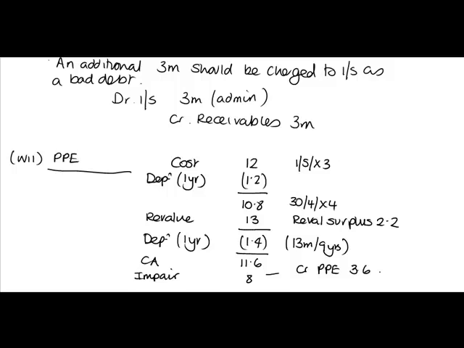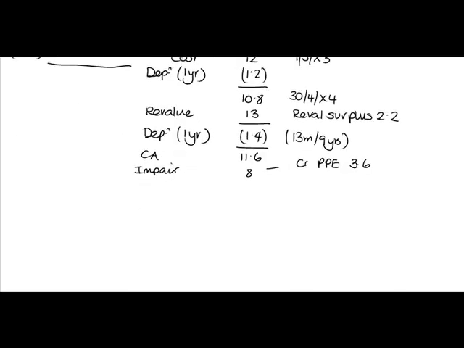I'm not going to put through all of that impairment against the income statement, and the reason for this is that we've got a revaluation reserve. Remember, we've got a revaluation surplus of 2.2. So I'm going to debit the revaluation surplus, which is effectively OCI. But remember, we would have also made a transfer out of the revaluation surplus into retained earnings. So the depreciation would have been 1.4.